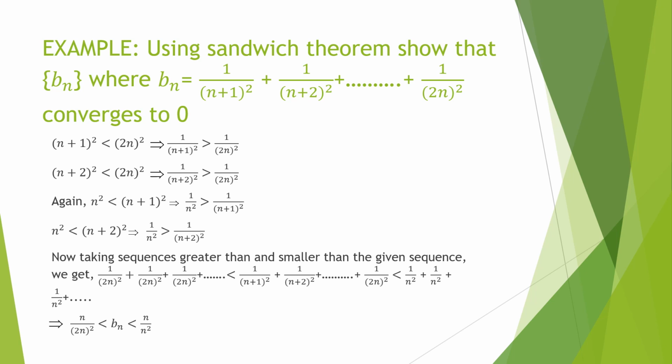This implies that n/(n(2n))² is less than Bn is less than n/n², which means that Bn is trapped between n/(n(2n))² and n/n².